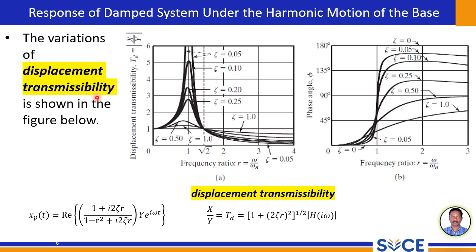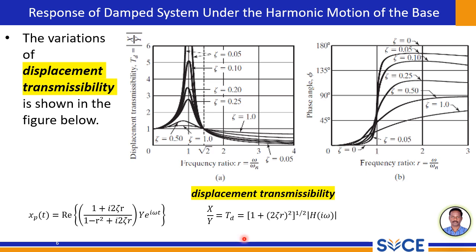It is nothing but X divided by Y. The displacement transmissibility is denoted as T suffix d, which tells us how much the amplitude of the mass vibration X is amplified or attenuated compared to the amplitude of base motion Y. In other words, it is the ratio X by Y.